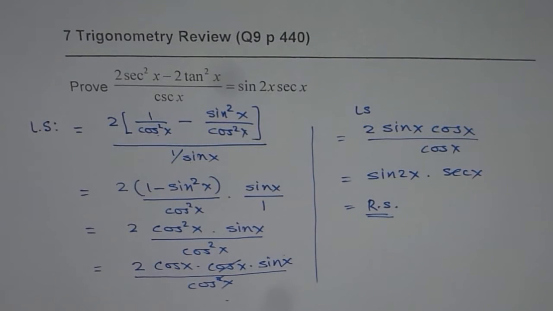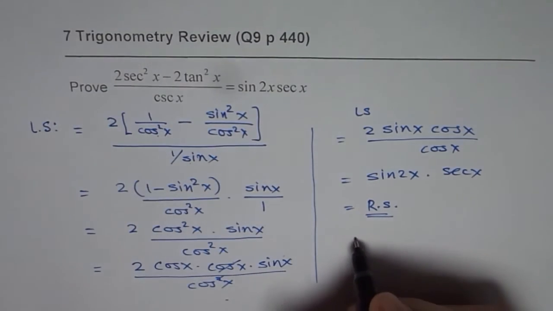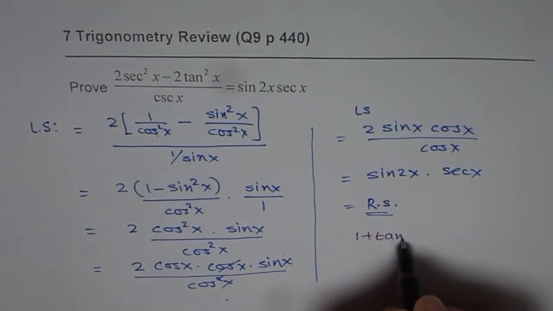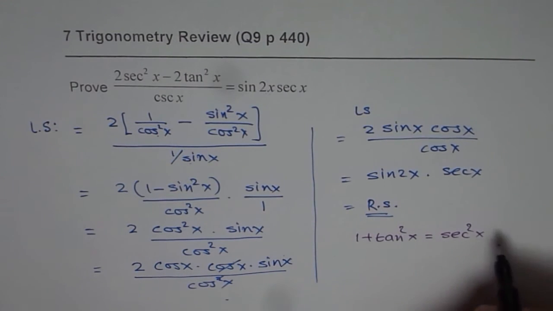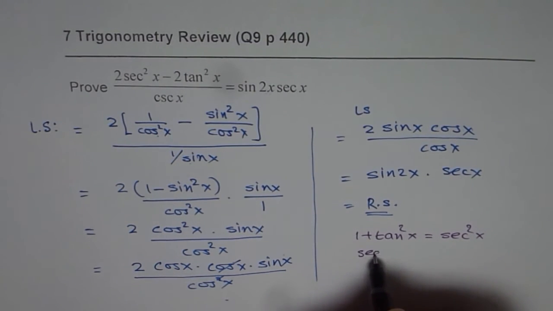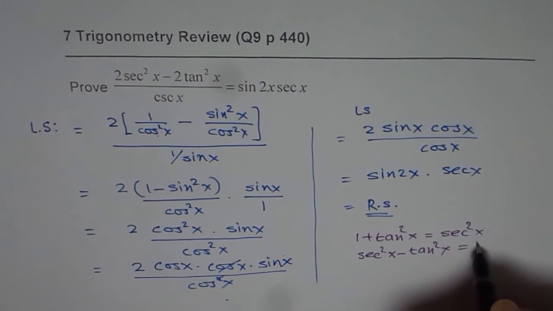Some of you could actually utilize a Pythagorean trigonometric identity to solve in sec and tan, which is 1 plus tan²x equals sec²x. So the difference between sec²x and tan²x is actually equal to 1.